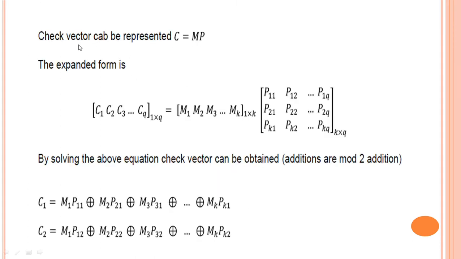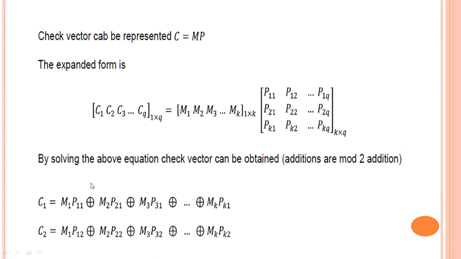So if you want to generate a check vector, the message vector has to be multiplied with the parity submatrix. We can expand that form as C1, C2, C3 to CQ. This represents the check vector which we are going to generate with the help of the input message vector and the submatrix. By solving the above equation, M1, M2, M3 are the message bits which are multiplied with each column of the submatrix.